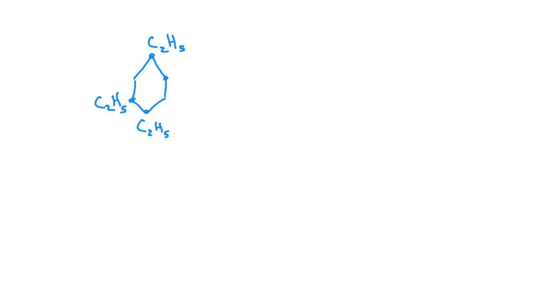Let's see what we get with this. We know C2H5, these are our old friend ethyl. There's an ethyl, there's an ethyl, there's an ethyl. And then finally, this is a propyl.